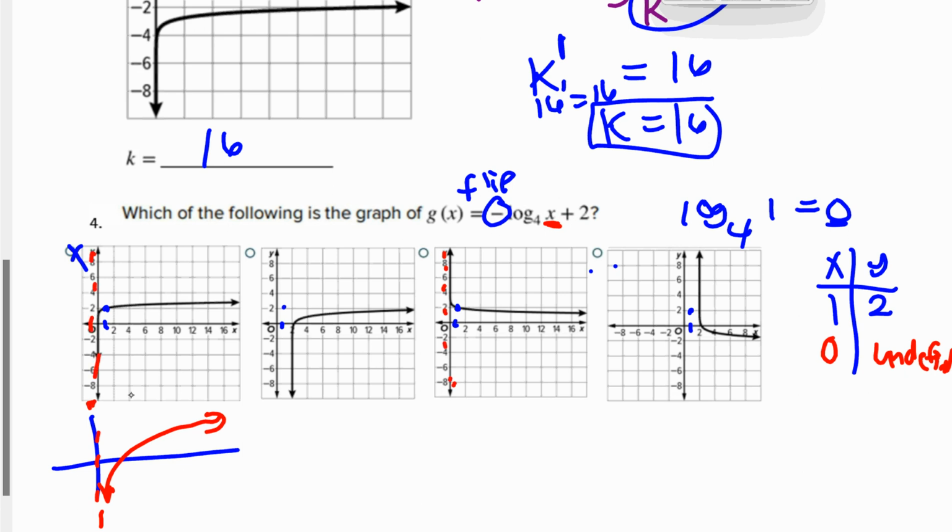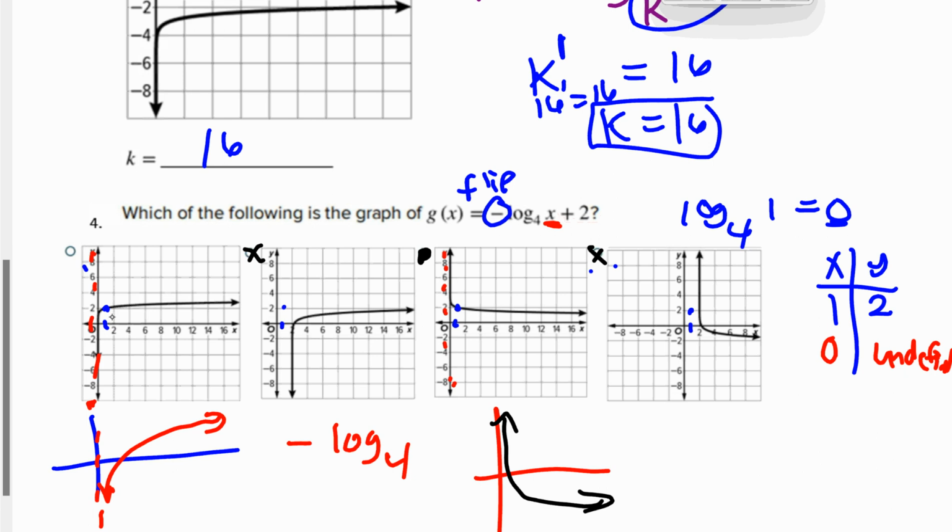So both of those still play. Now this right here traditionally looks like this, but this negative out front is going to flip my answers, right? So it's going to take this graph, and that negative log is going to flip it over the x-axis to look like that. So this one would be our answer right there. Sorry, I meant to cross out this one. And because this is not flipped, it's not that one either.